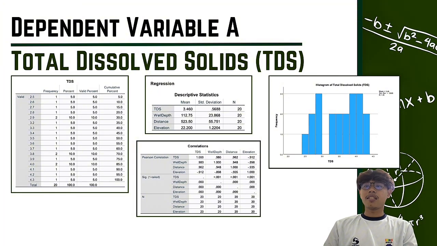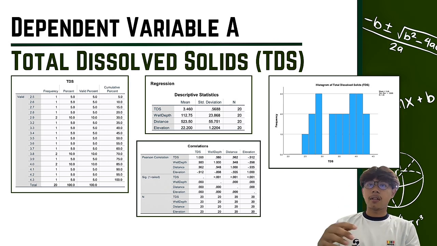Then after entering the data, I used the descriptive statistics function in SPSS by selecting Analyze, then Descriptive Statistics, and finally Descriptives. This allows me to obtain important statistical measures such as the mean, standard deviation, minimum value, and maximum value for TDS.